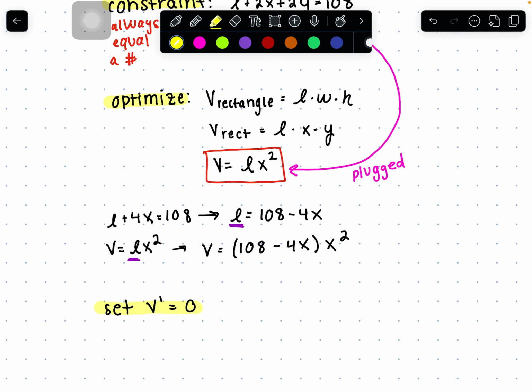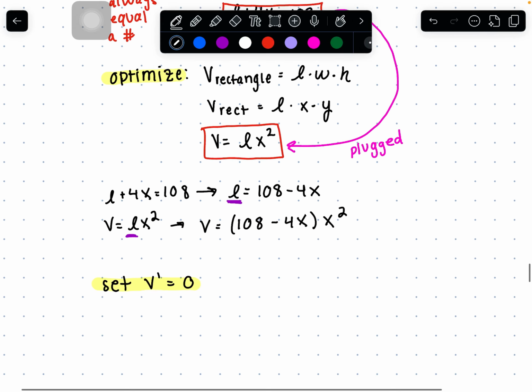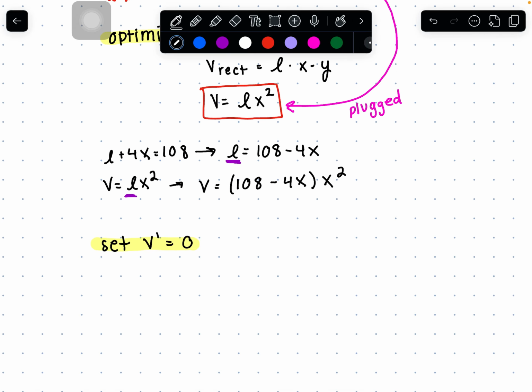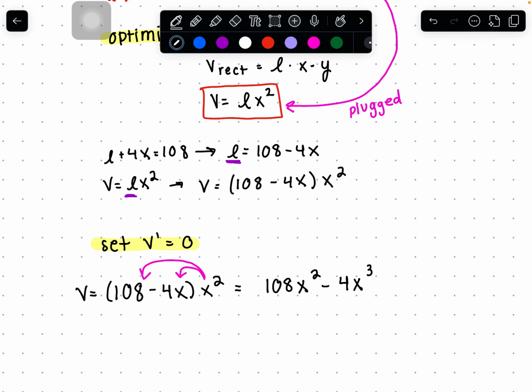So we need to find the derivative of v, but I don't want to do product rule, and I don't want you guys to do product rule. So this is what we should do instead. Let's multiply this guy in, because if we do that, we get 108x squared minus 4x cubed.